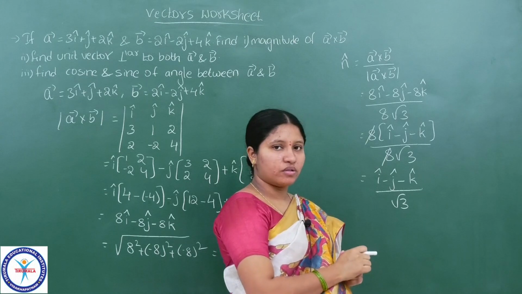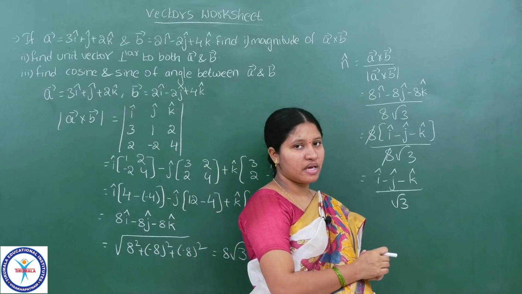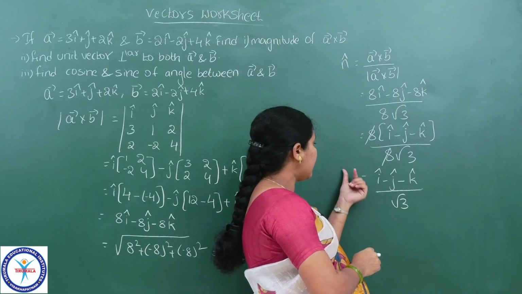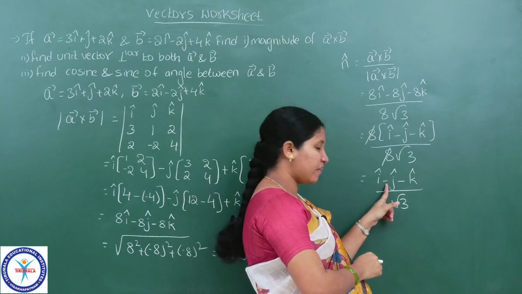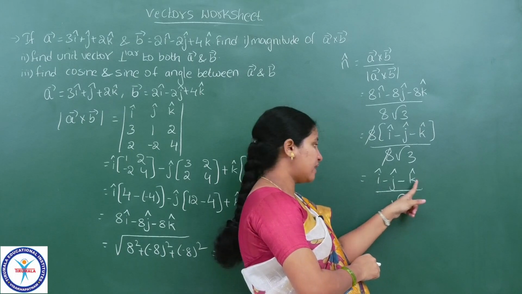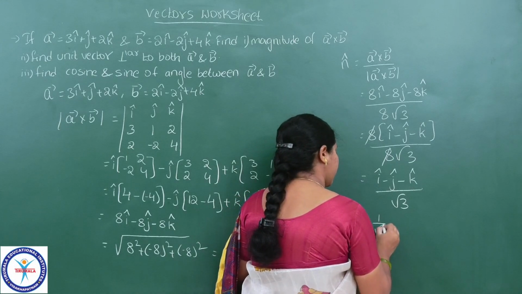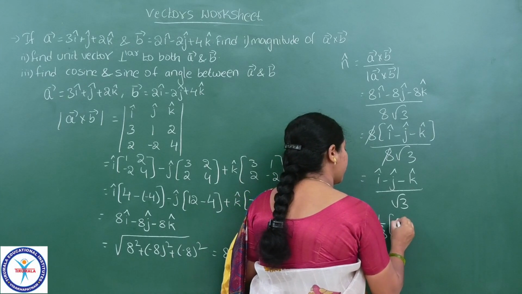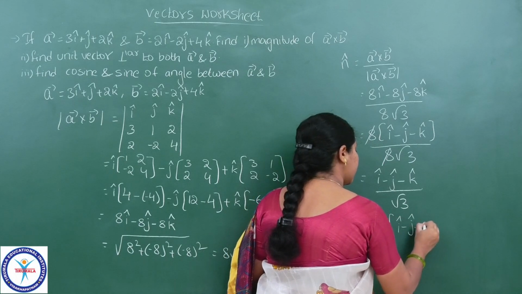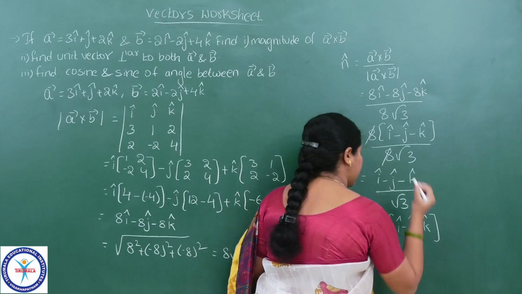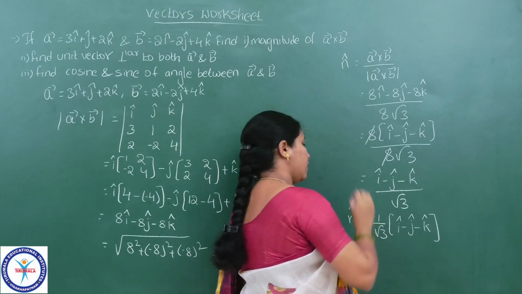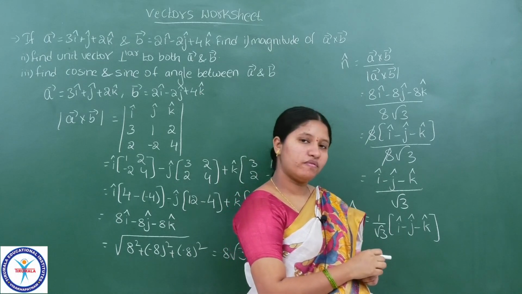So, the unit vector which is perpendicular to A bar and B bar is n cap equal to i cap minus j cap minus k cap by root 3. We can also write this as 1 by root 3 into i cap minus j cap minus k cap. So this is the required unit vector that we need to find.